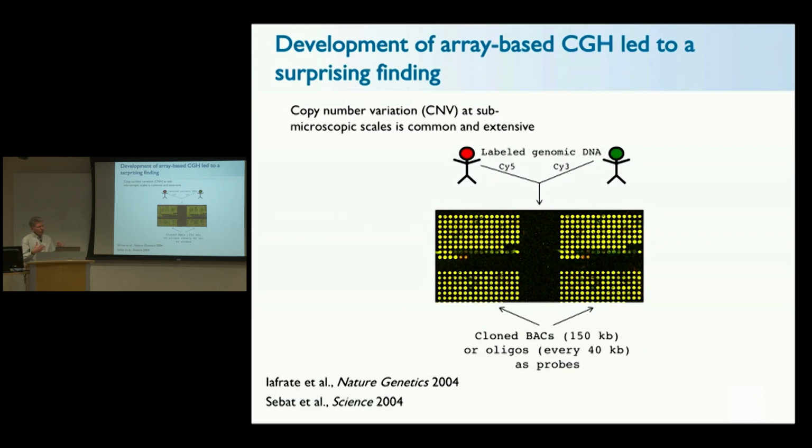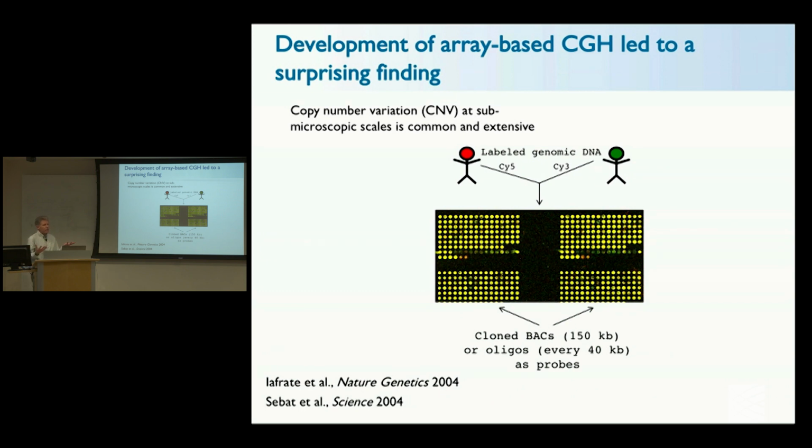And then we figured out that we could use microarrays to do the same sort of technique of this differential labeling, but do it at finer scale on arrays. As we began to put things on arrays, we began to get the resolution to see down into this sub-100 kb range. This is really the time when we realized that these chromosomal alterations were not just something that happened in cancer.